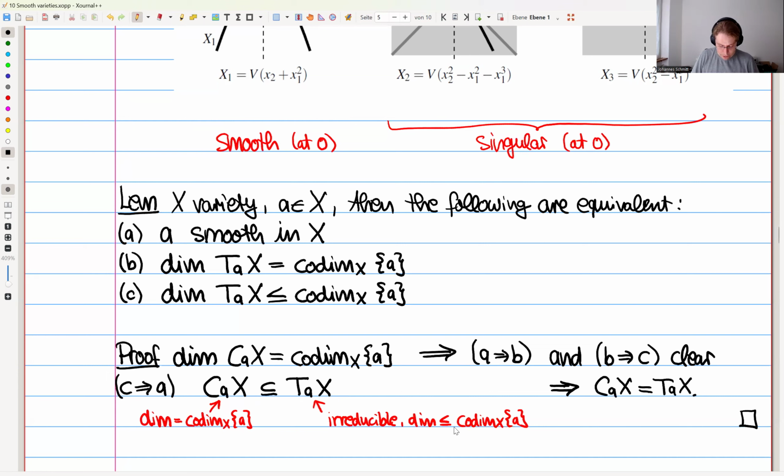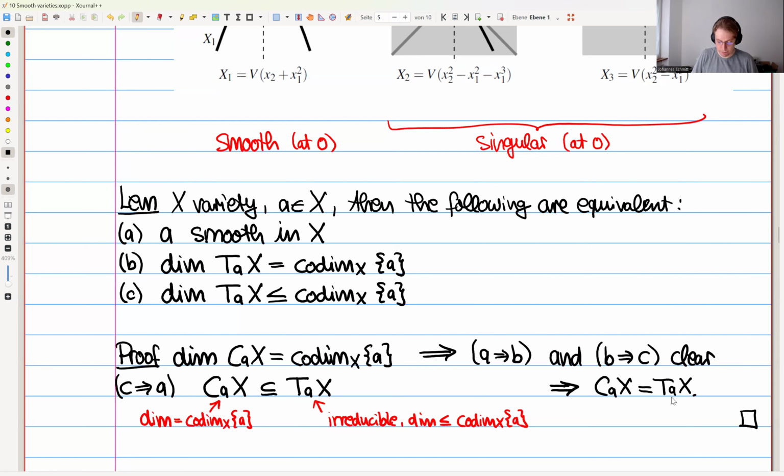And we have that the dimension is at most this codimension. And so this means here we have a topological space whose dimension is bounded by this thing, and it has a closed subset, the C_A of X in general, which has this dimension here. And then by the basic dimension theory, it just means there cannot be anything in between there.